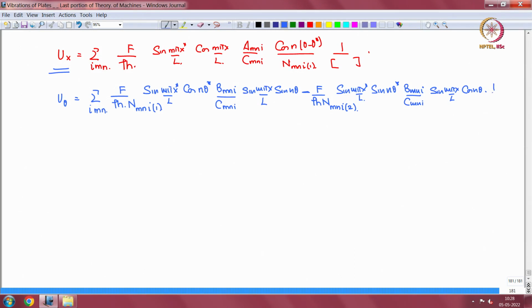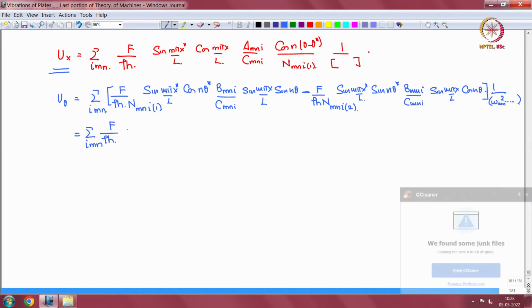Okay, so we'll close this first. One over omega mn square, etc. Again, sigma I m n. I'll take certain terms outside, f by rho h.